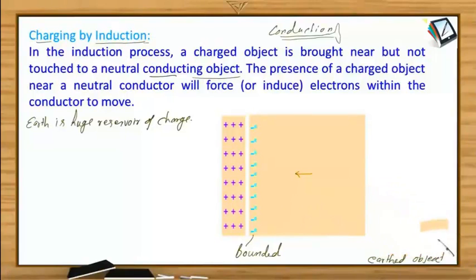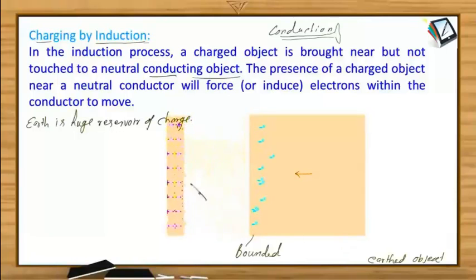So first remove this and then remove this charged body, so that these extra electrons remain there. And when we remove this object, since there is no boundation on these electrons, they will be redistributed uniformly all over the metal object. And this way we have got one negatively charged body.